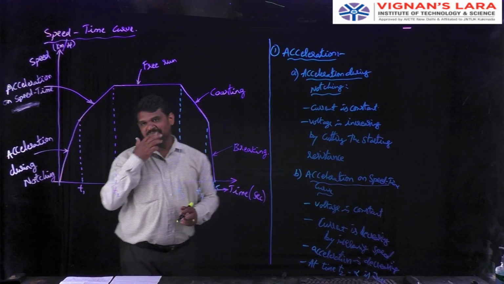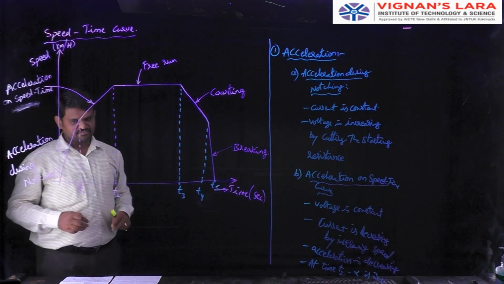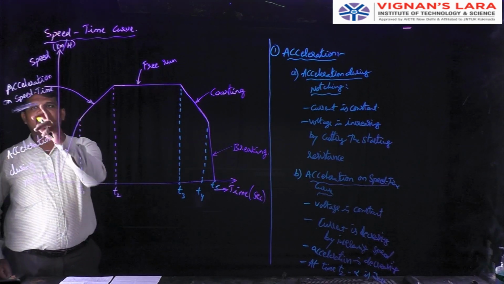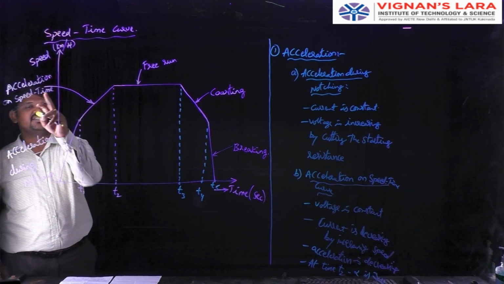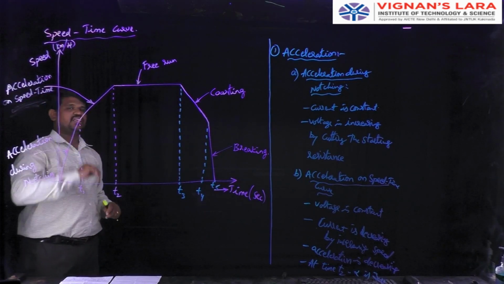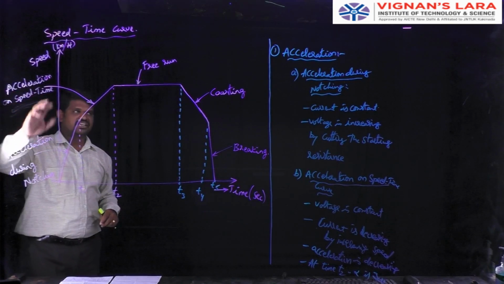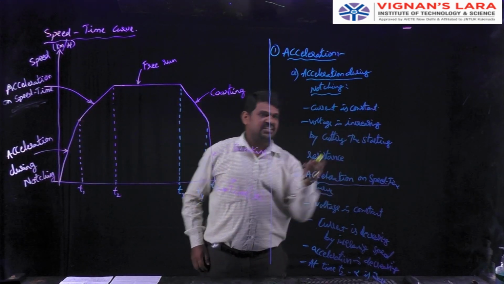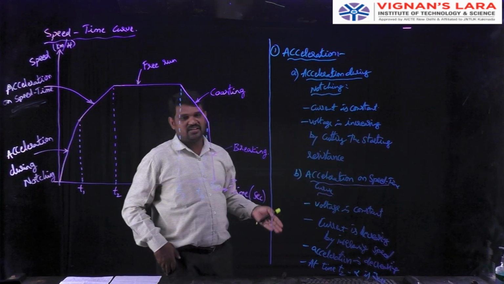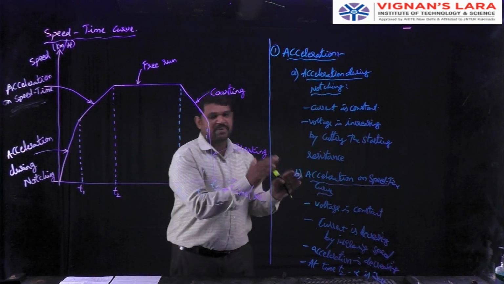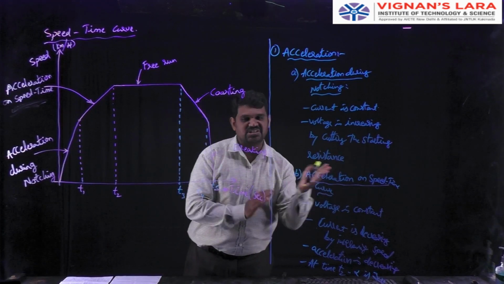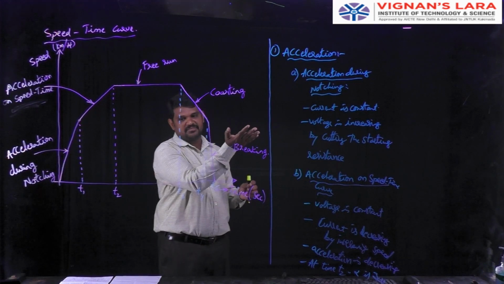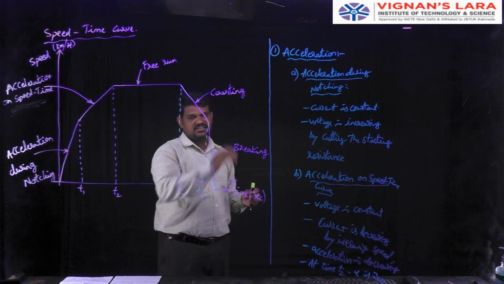Now I have discussed the acceleration. The acceleration has two periods. One is the notching period, and the other is the acceleration on the speed time curve. In the notching period, the current is constant, but the voltage is increasing by cutting the starting resistance, so the speed increases.